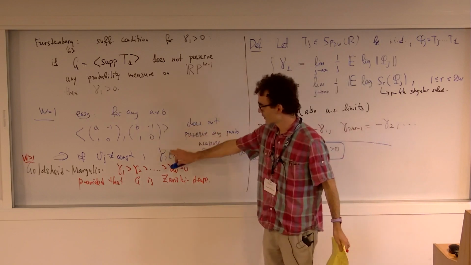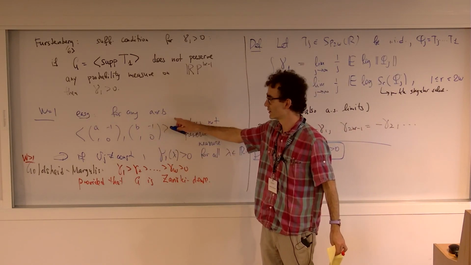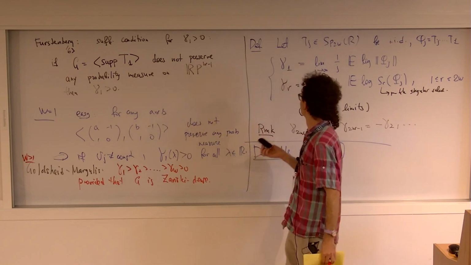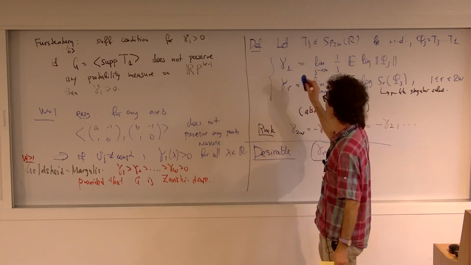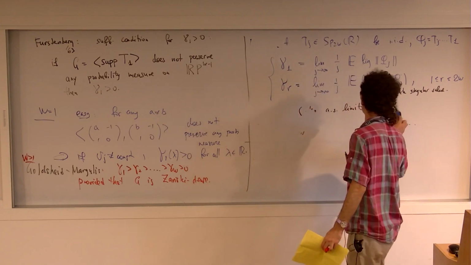In this case of W greater than 1, this condition is harder to verify than the previous one, and there was work of Goldsheid in the early 90s.